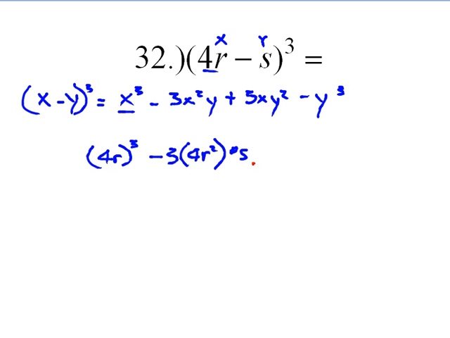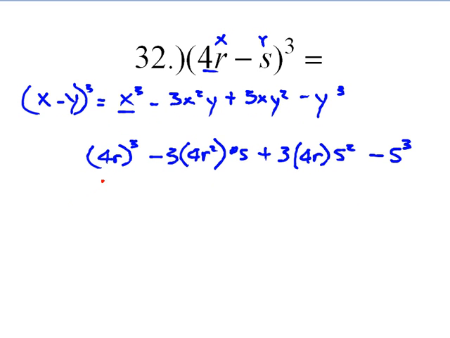No, we just leave that as s. Okay, it's a positive s. Okay, then plus 3 times 4r times y squared, so we have s squared minus s cubed. Now I know those look like 5s, but remember that they're s's. Alright, long drawn out, again just follow the formula.